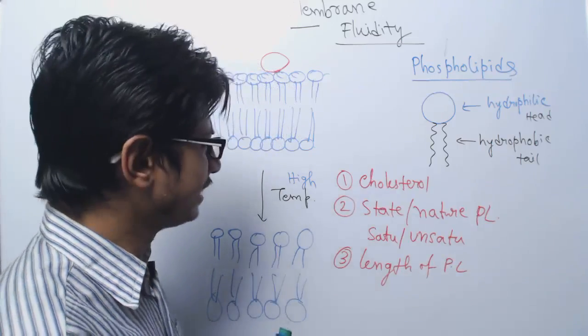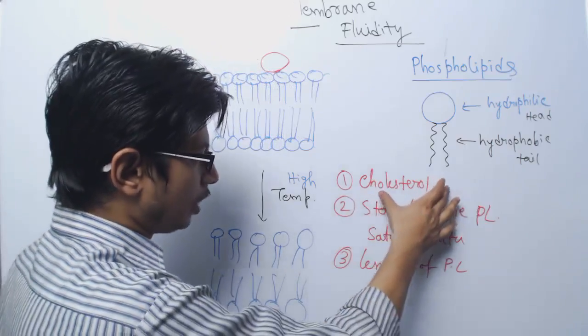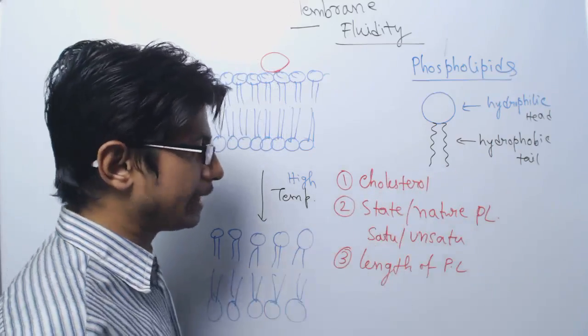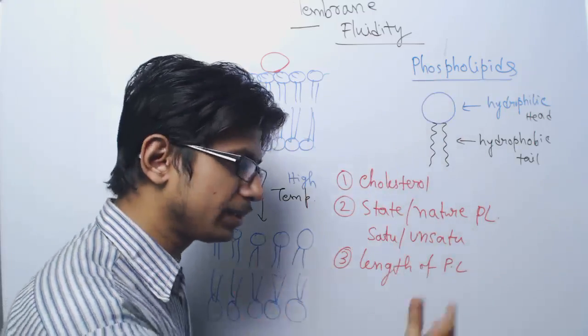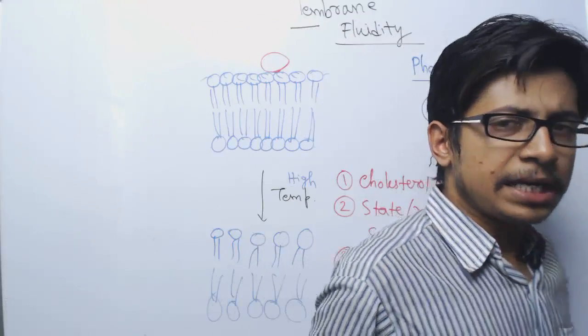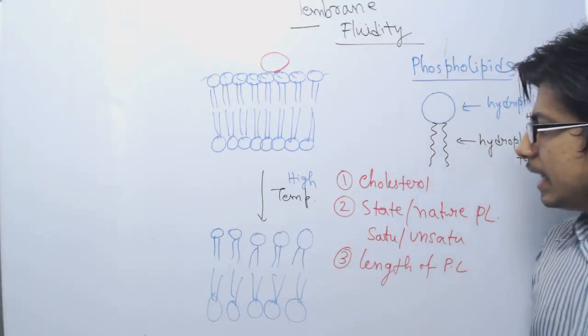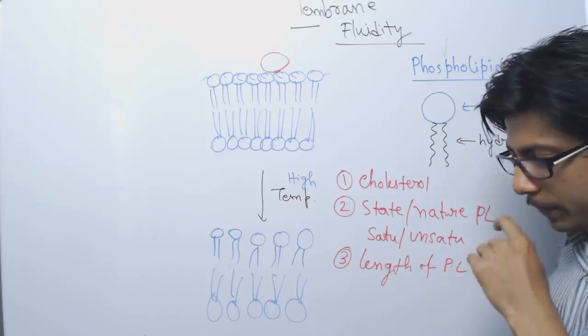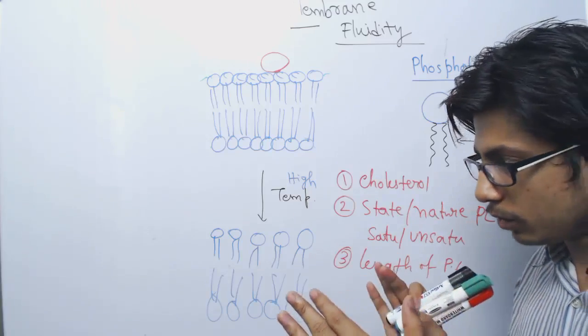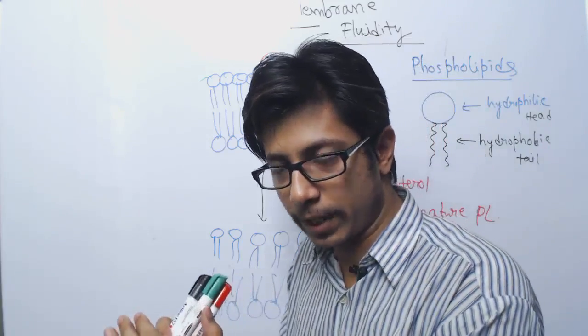Mainly these three things: the presence of cholesterol in the membrane, the nature of the phospholipids that are present, and the length of the phospholipids. Now let me first talk about the length of the phospholipid. It's all about the structure's compactness.